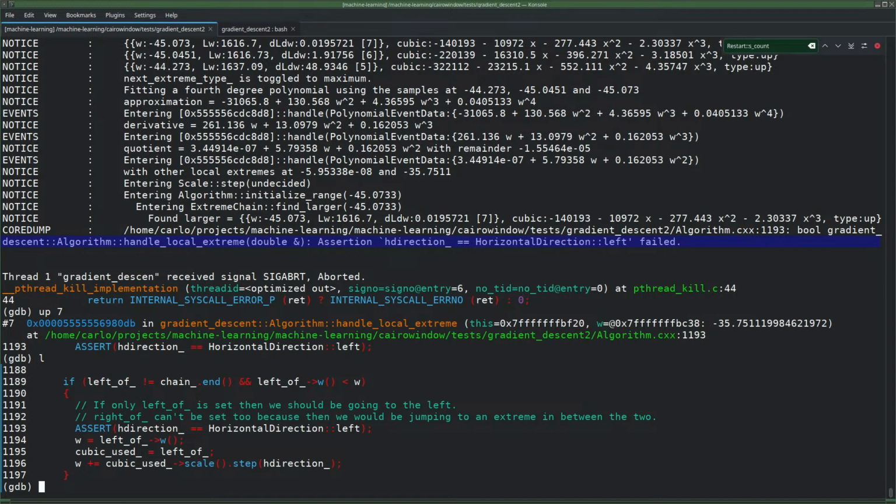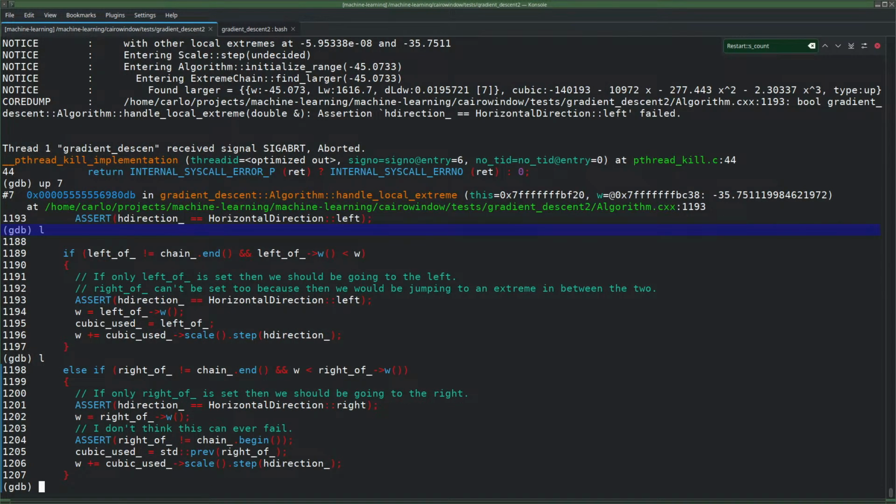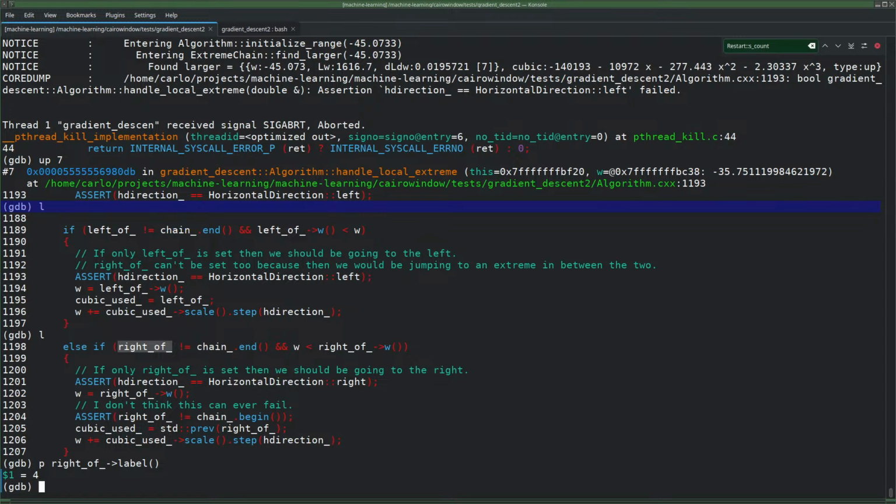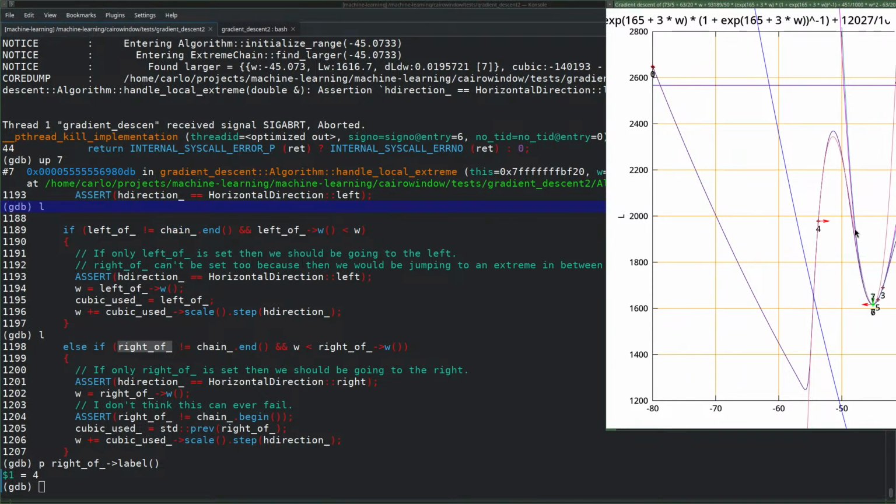Dissolutional comment. So to the right of 4, yeah. The right-of is set.